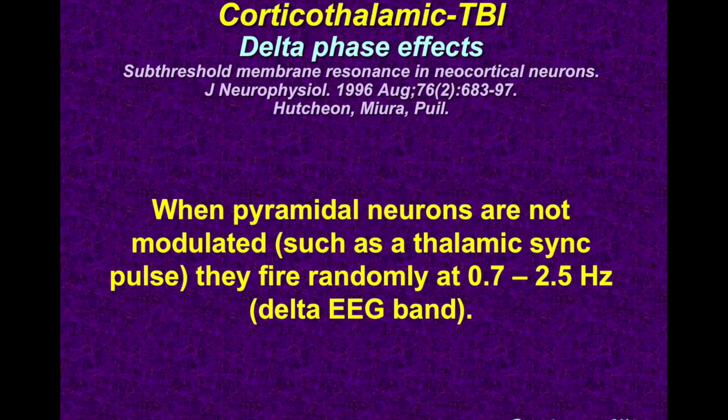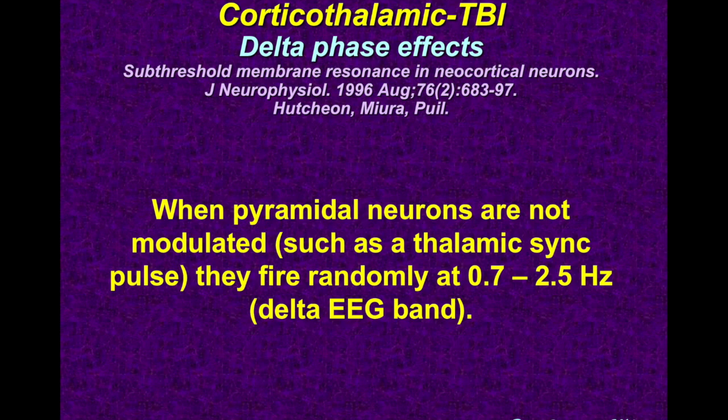In the case of the thalamocortical disconnect, we really don't see an increase in delta, probably because the networks are not really damaged, but they are disconnected. But we see huge delta phase effects with a thalamocortical disconnect.